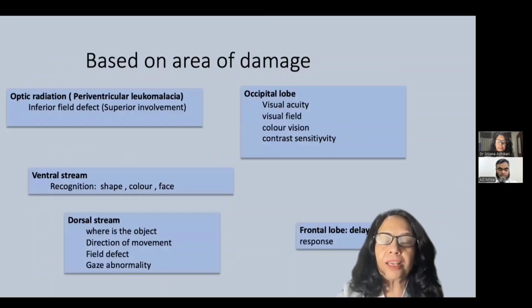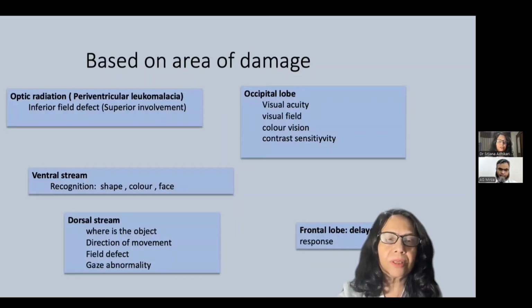Now, based on the area of damage of the brain: if there is periventricular leukomalacia, especially in the optic radiations, an inferior visual field defect can occur. If the occipital lobe is affected, then visual acuity, visual field, color vision, and contrast sensitivity are hampered. If the ventral stream area is damaged, then recognition of shape, color, and face is impaired.